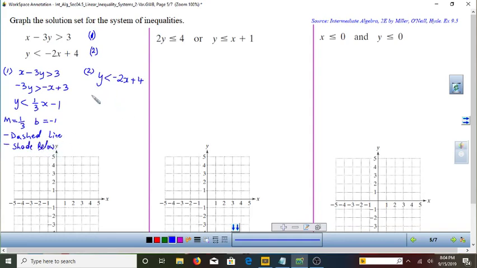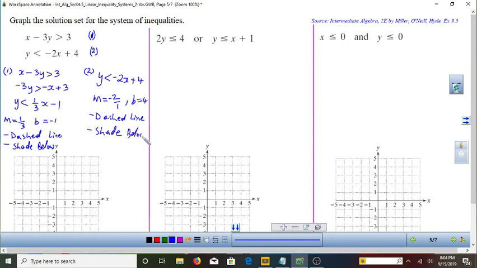For this one here, the slope is -2/1, the y-intercept is 4. We know we're going to draw another dashed line, and we're also going to shade below for this line because it's also less than the expression.